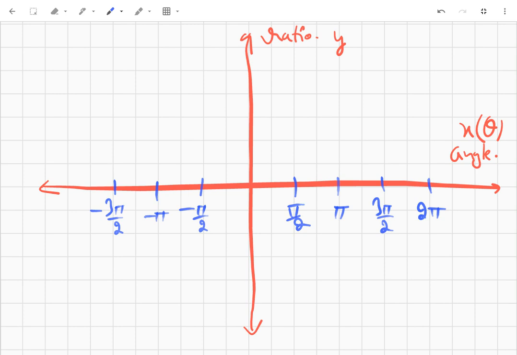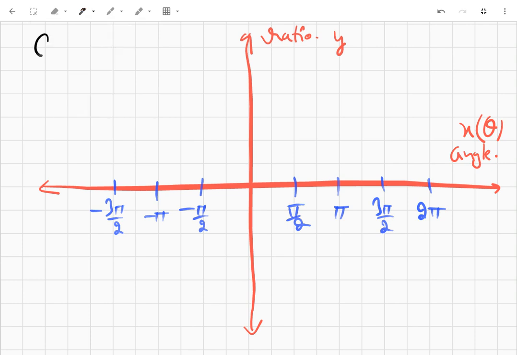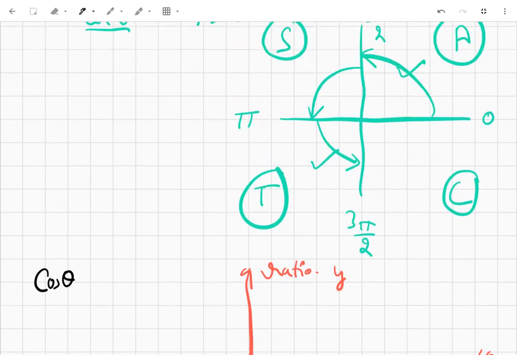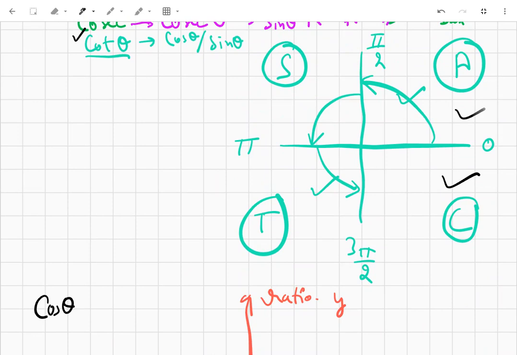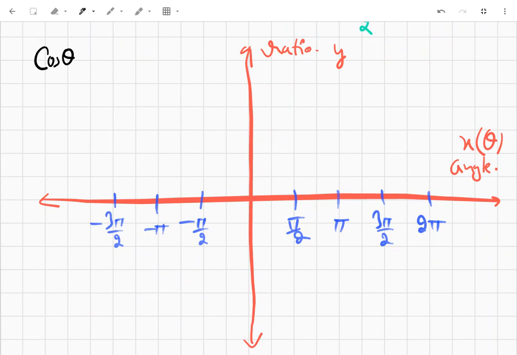Okay, so now cos. Yeah, first let's draw cos theta quickly. We know that cos 0 is 1, right? And then see, cos is positive here and here. So in 0 to pi by 2 cos will be positive, and then after pi by 2 cos will be negative. Then again negative, then positive.